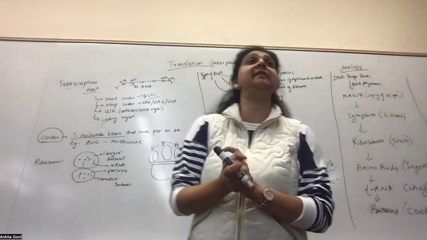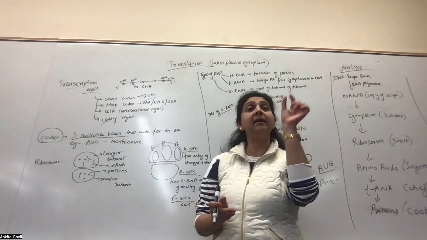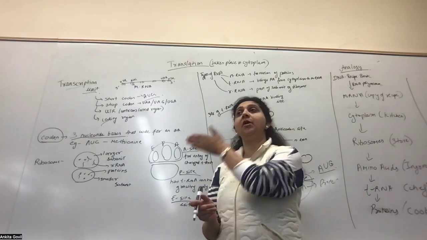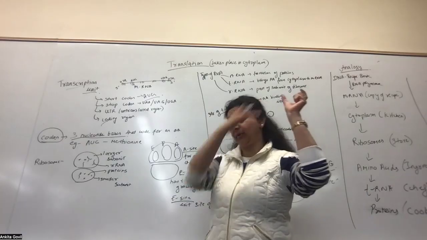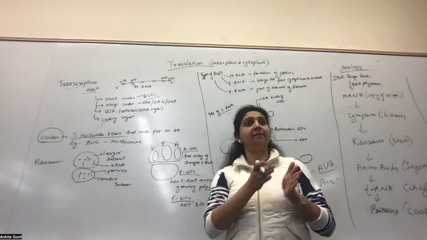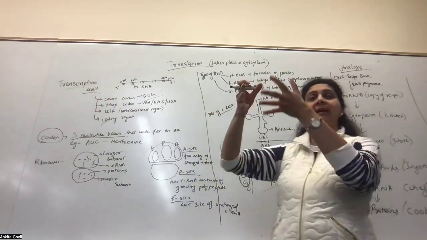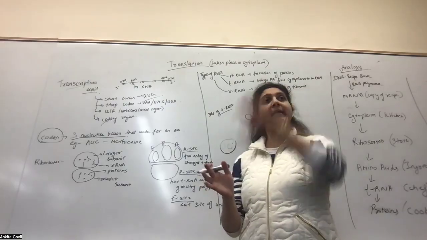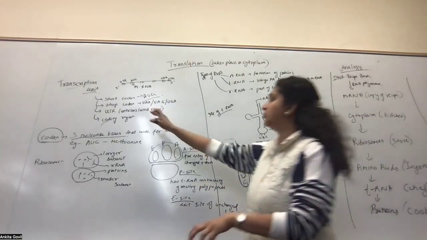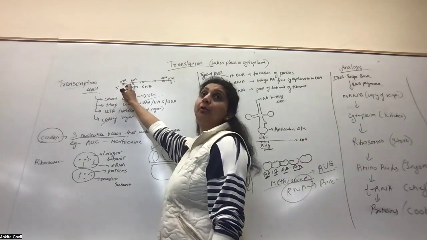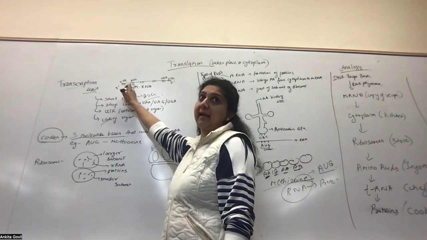Like we did in DNA replication, a primer has to be there, which helps the DNA polymerase. It gives a signal: now I am here, you can start the synthesis of DNA, right? Same way here, there has to be something which says, okay, you can start the protein synthesis from here. So AUG is recognized as a start codon from where the protein synthesis will start to take place.